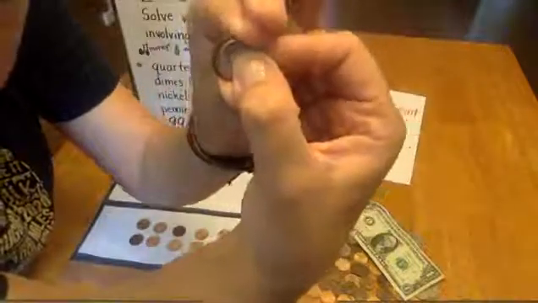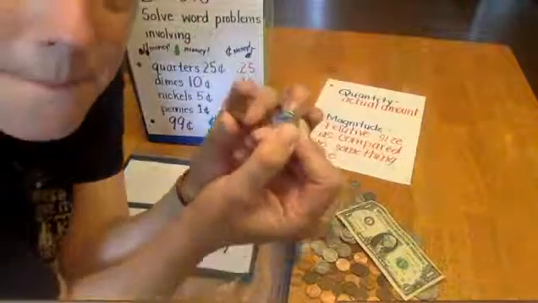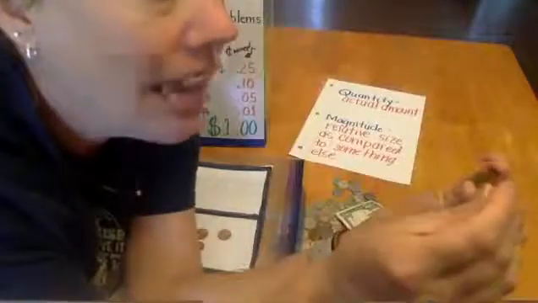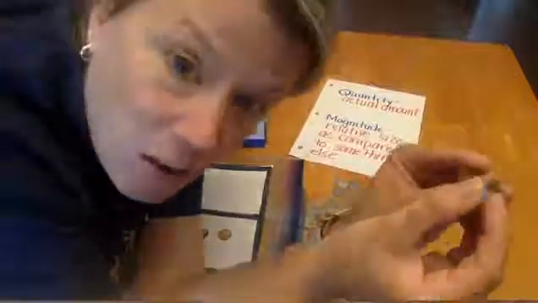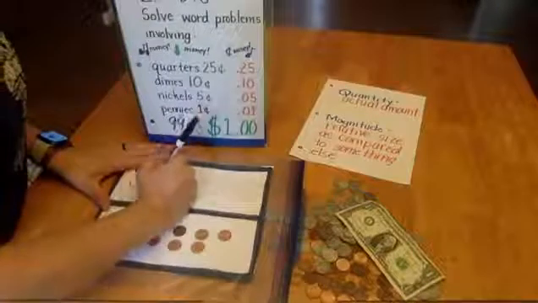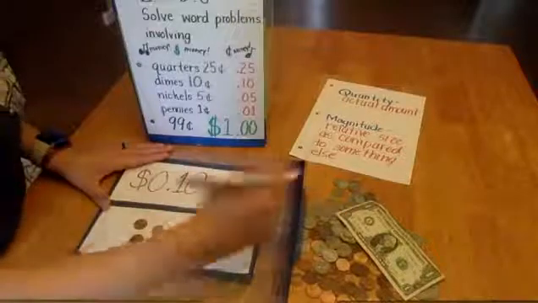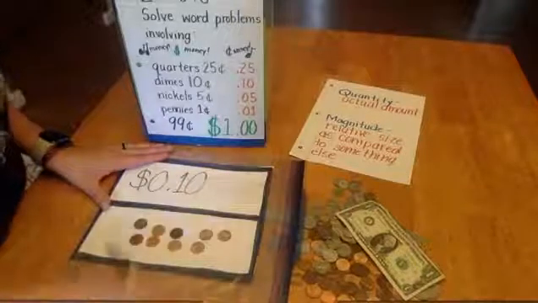Look here. The penny is bigger than the dime, but that does not mean that the penny has more value than the dime because the dime has 10 cents or value of 10 pennies, okay?